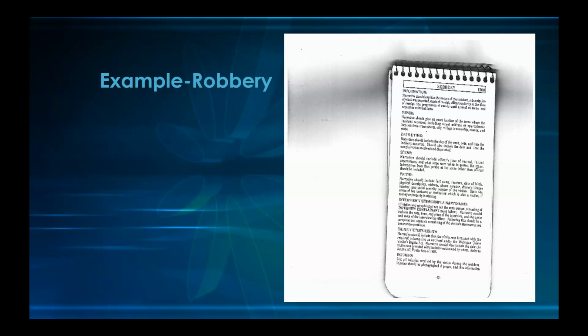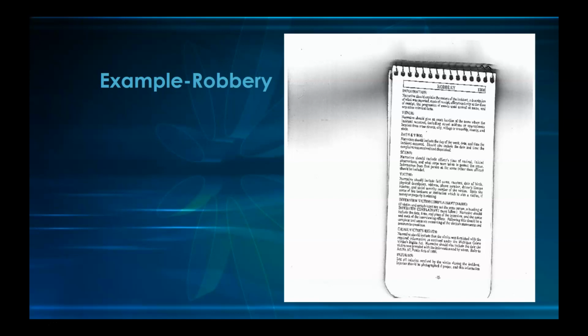So let's kind of review a few of these. So robbery starts with information, which is really kind of summarizing what has occurred. And it says narrative should explain the nature of the incident, a description of what was reported, the mode of receipt, officers' activity at the time of receipt, the progression of events until arrival at scene, and any other relevant facts.